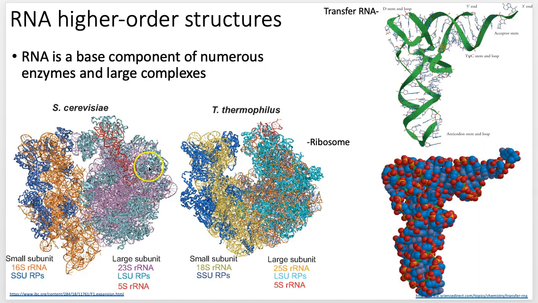All this purple stuff and this red chunk is RNA. Over here, there's a different creature's ribosome, and all that yellow stuff, all the orange stuff, and that red stuff here, that's all RNA. So a lot of times people will say, oh, proteins are the machines of the cell, that are enzymes and that do stuff. Well, ribosomes are arguably more RNA than they are protein, which is really, really cool.